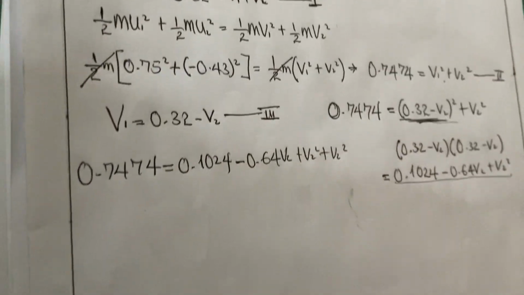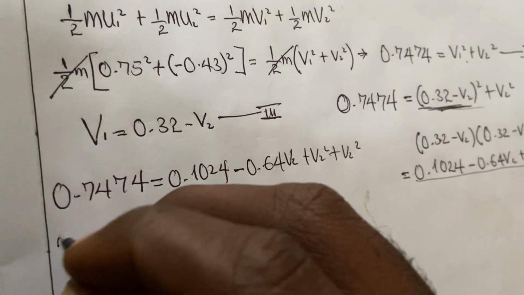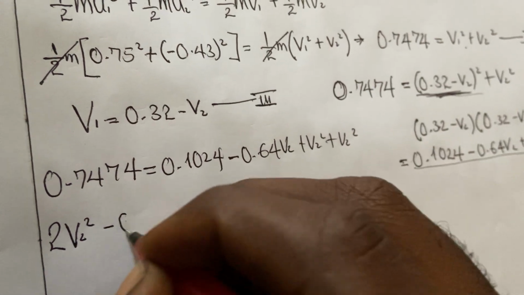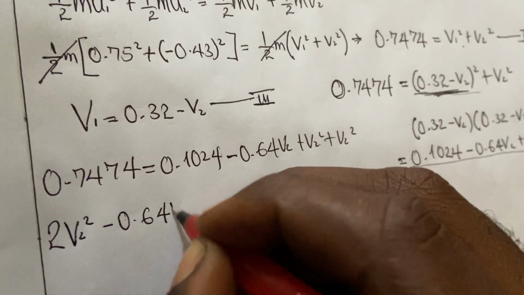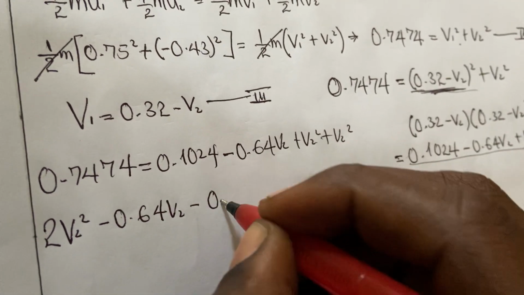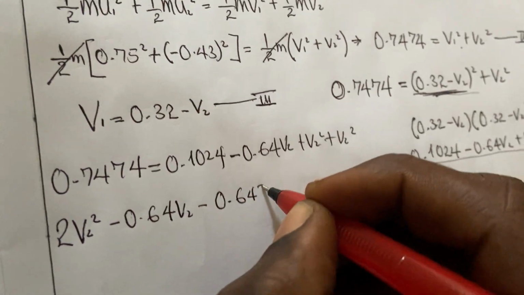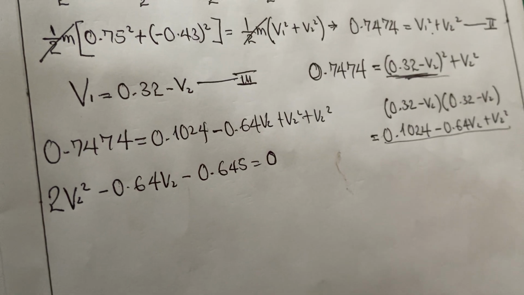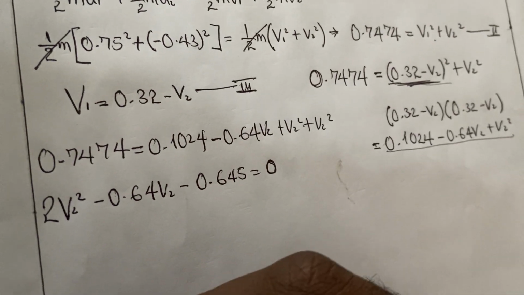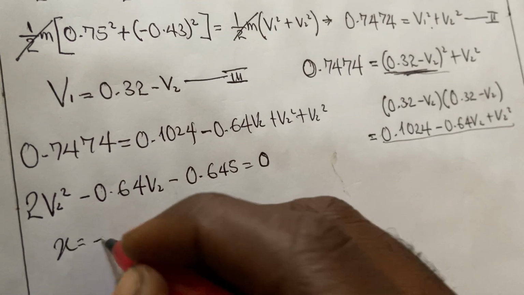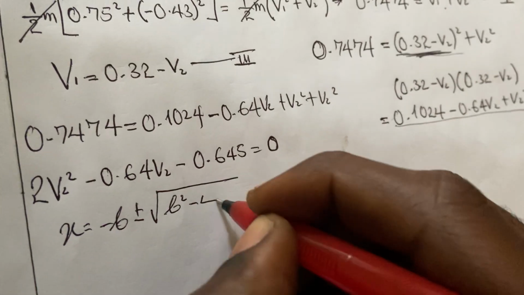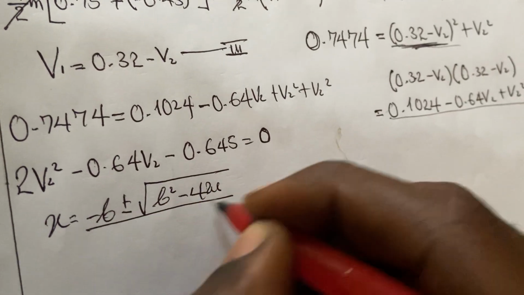Now the simplification of all this will give us 2 v2 square minus 0.64 v2 minus 0.645 equals 0. Now using the formula method, minus b plus or minus square root of b squared minus 4ac over 2a.